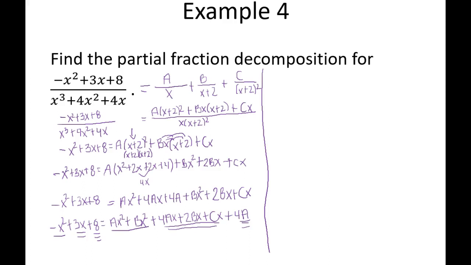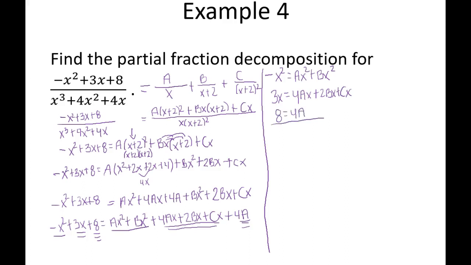That's going to give me negative x squared equal to ax squared plus bx squared. My second equation is going to be 3x is equal to 4ax plus 2bx plus cx. And my last equation is going to be 8 is equal to 4a.